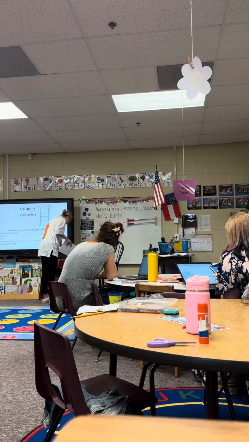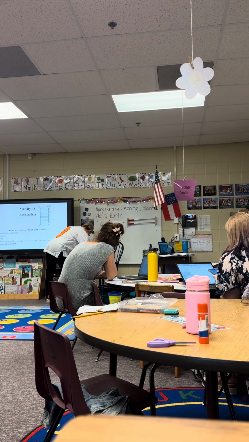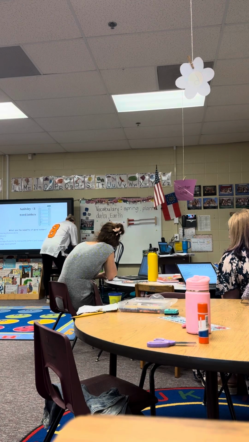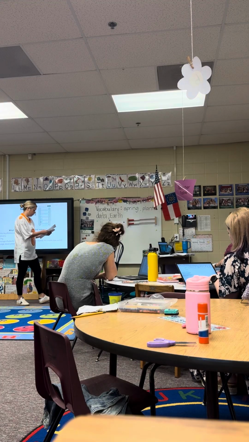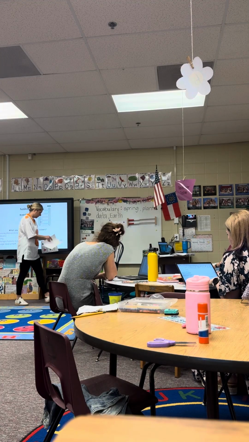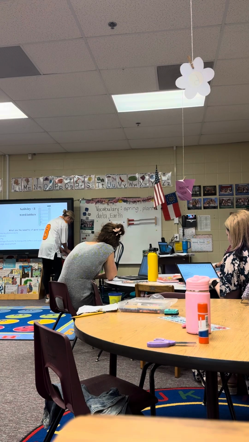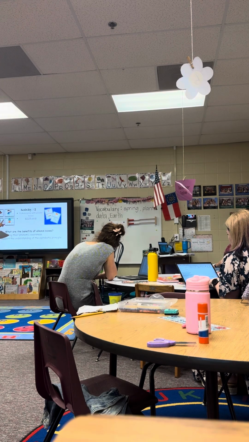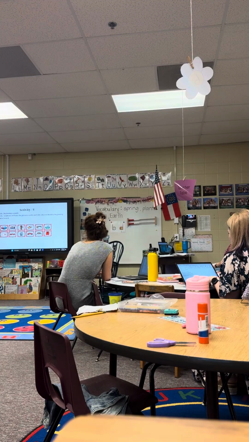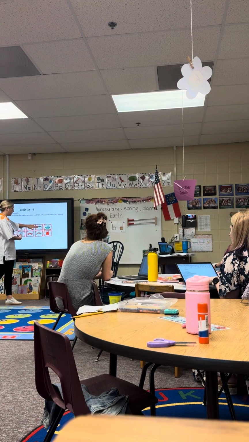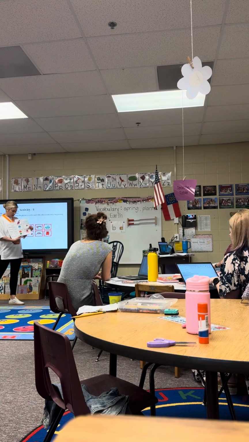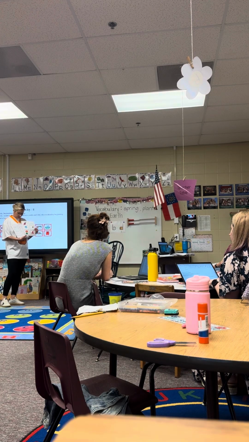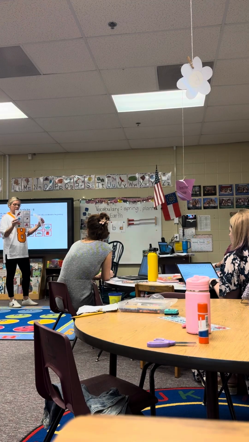The other thing I wanted to show you guys is when you're looking at those beginning sounds and the assessment. I have printed out some of these, and I will share this with you, but this is another one I found that I think would be really supportive for your kids. Instead of just giving them the cards, you could give them the cards with their pictures, go through the vocabulary, and then do guided practice where they identify the words.